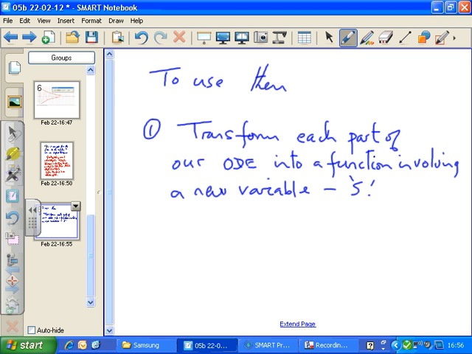It's like we're using an integral that's already been done, playing around with that, and then transforming back from that integral into the original form. So first of all, we transform each part of our ordinary differential equation into a function involving a new variable S.